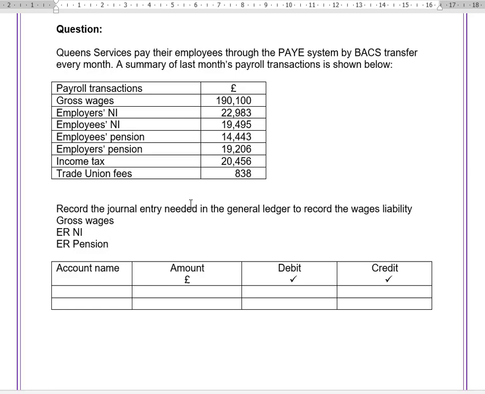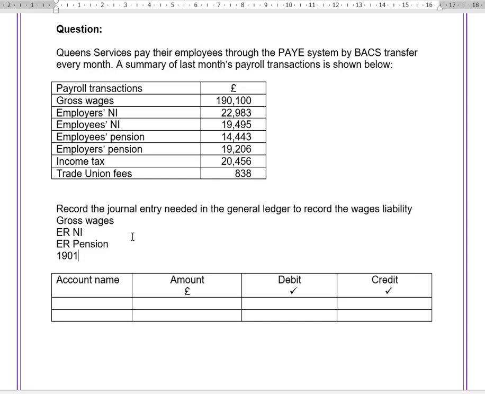You will get your employer's NI, you will get your employer's pension, you will get your gross wages added together. That will determine the total amount that the company will incur as a result of this month's payroll. So you'll be expected to pick up the relevant figures.